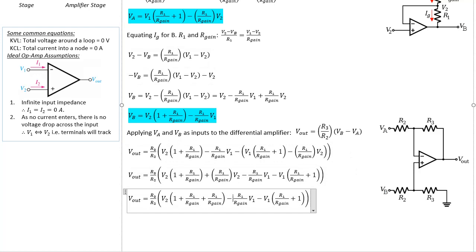And then in brackets, it will be this R1 over R gain plus the term on the right, because it's minus and then multiplied by the plus becomes the minus in the original part. So I'm going to have now this term.